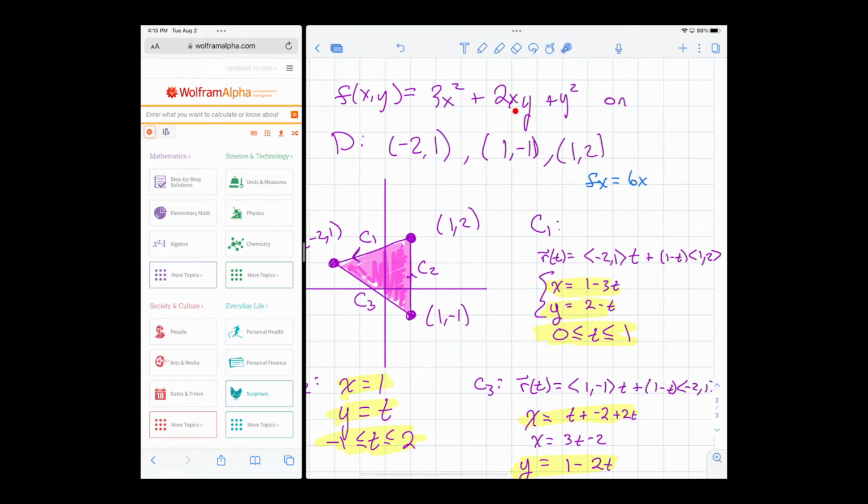The derivative here with respect to x is going to be 2y. And then there's no x derivative there. So fy is going to be, no y's here. Here we have the derivative is going to be 2x. And the derivative here with respect to y is going to be 2y.